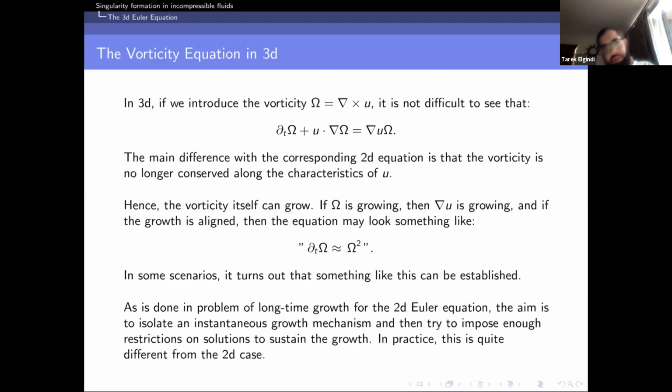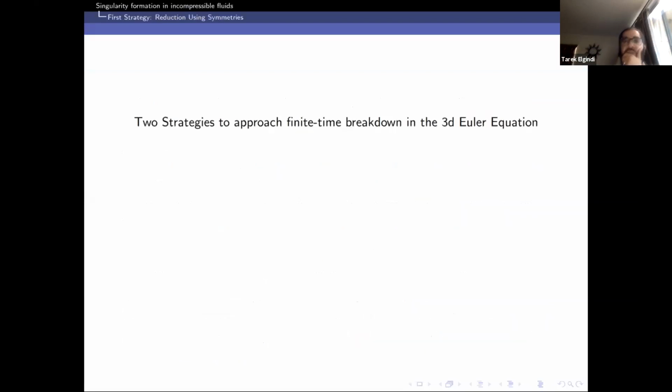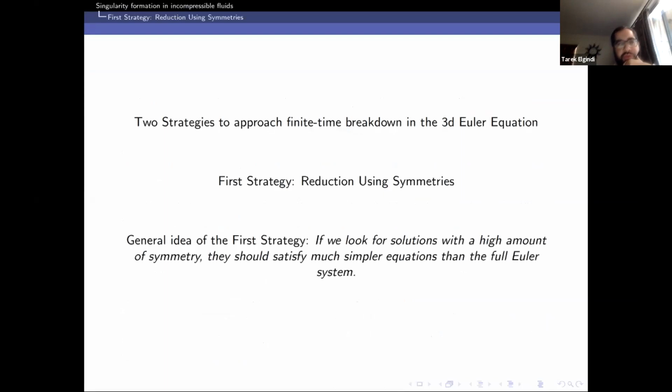Now I'll jump to the 3D case. I want to talk about two specific strategies for finite time breakdown in 3D. The first strategy is reduction of the equation using the symmetry properties of the equation.